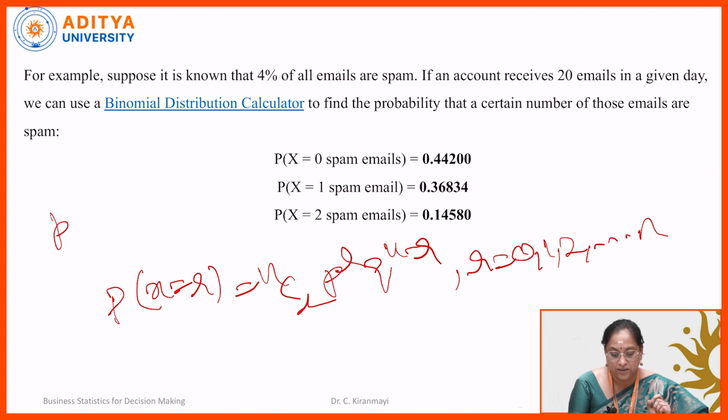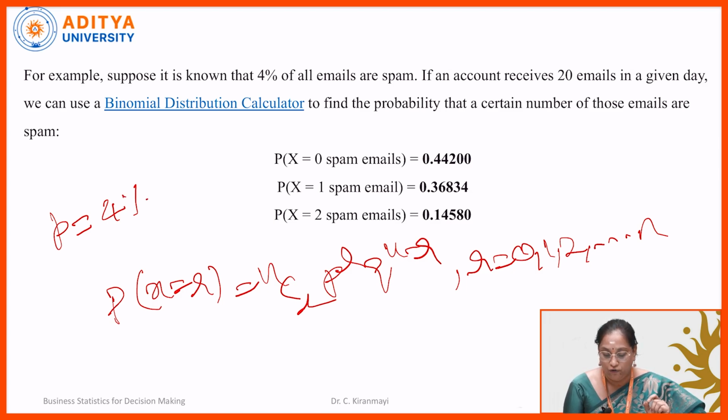So I am considering small p as the chance for a mail to be a spam mail, which is 4% as given in the problem, that is 0.04. Let us consider p as the probability of success, q as the probability of failure.